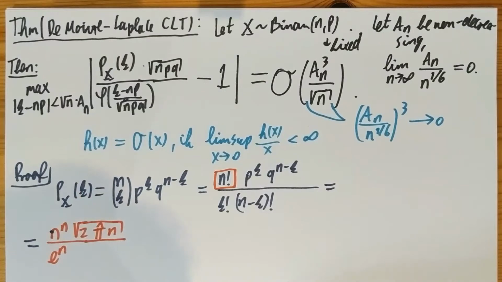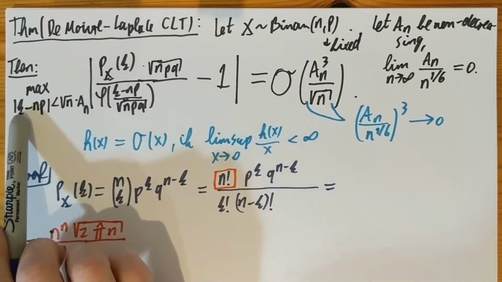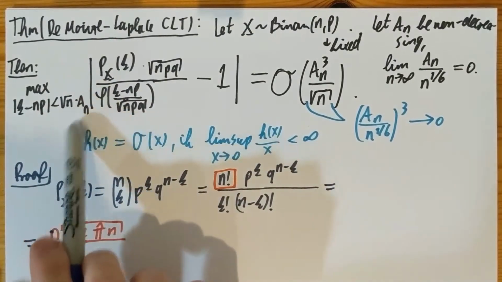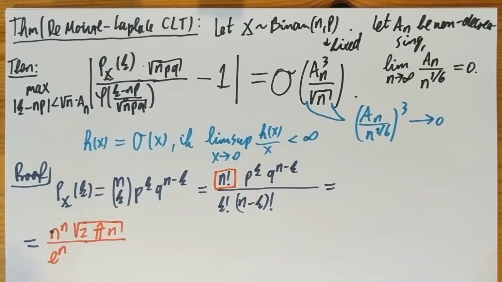Now let's do the same with k factorial. Notice that k is in the order of np. K is actually not very far from np. It's at most root n times something smaller than n to the 1/6 away from np. So k is still large. It's still in the order of np.